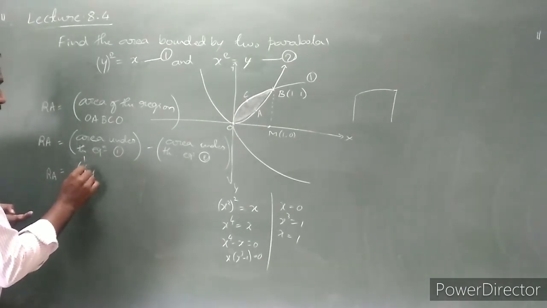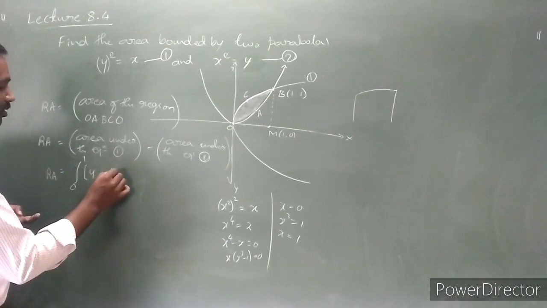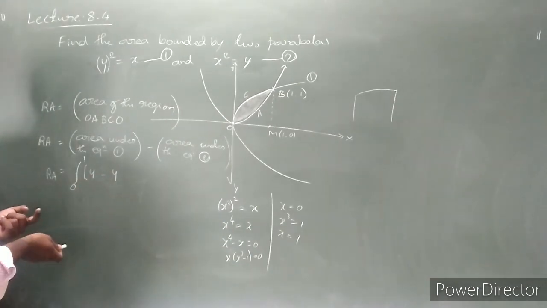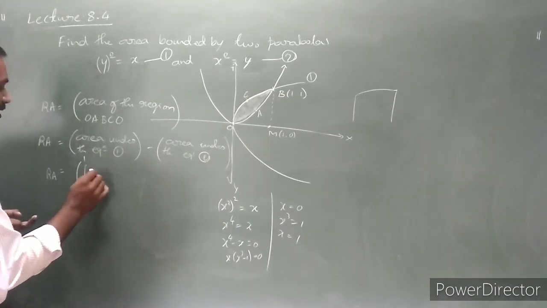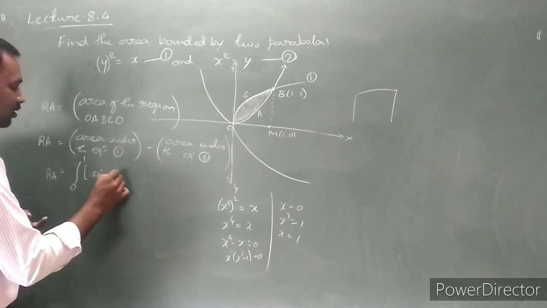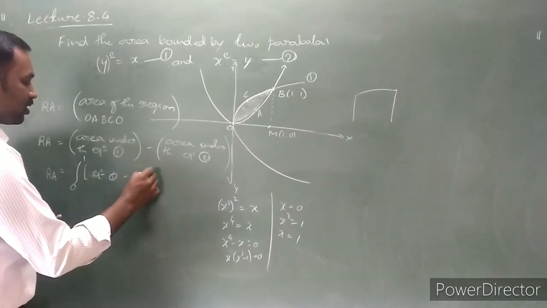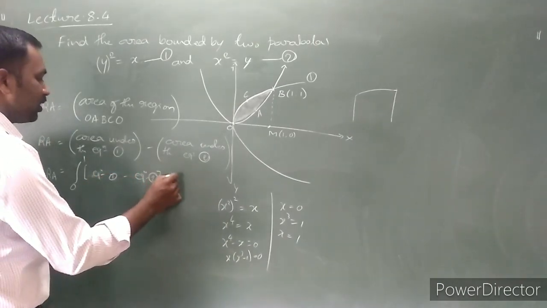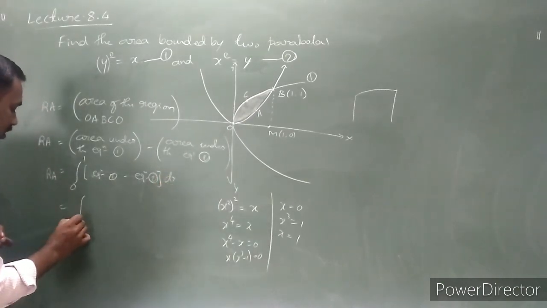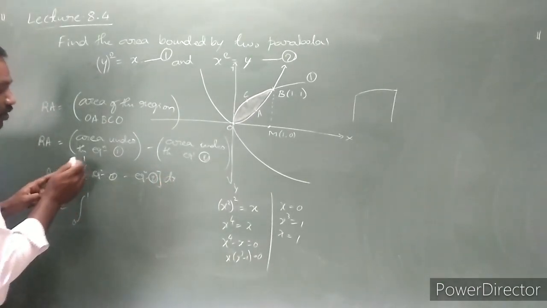That means y minus y. So I just write equation number 1 minus equation number 2, dx, from 0 to 1.